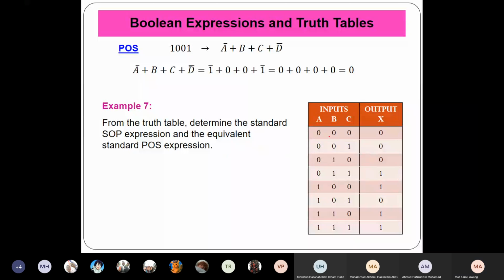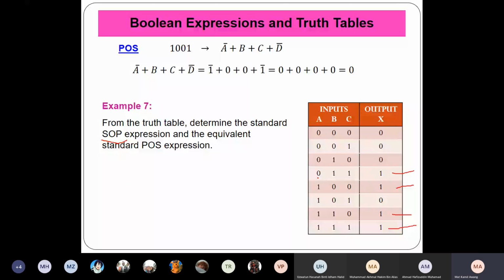So from here, you have the inputs A, B, C. And for the SOP, remember, you find the ones. These are the four SOP terms. What are the SOP terms?